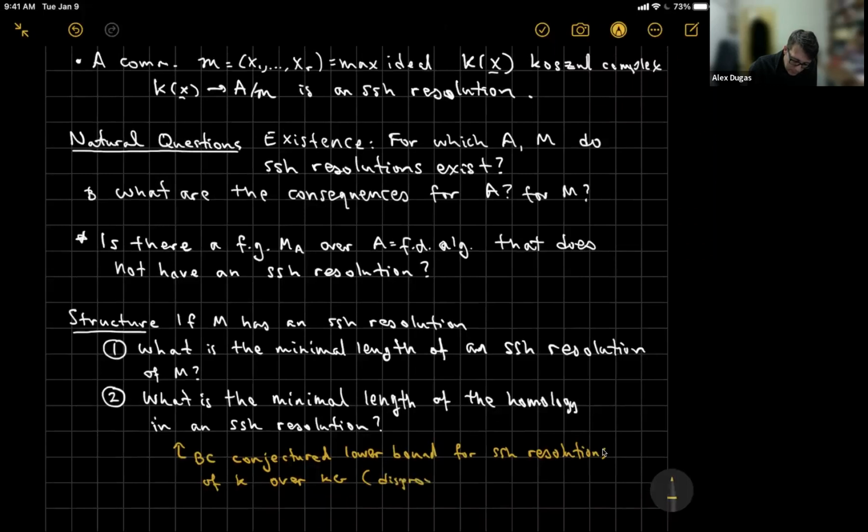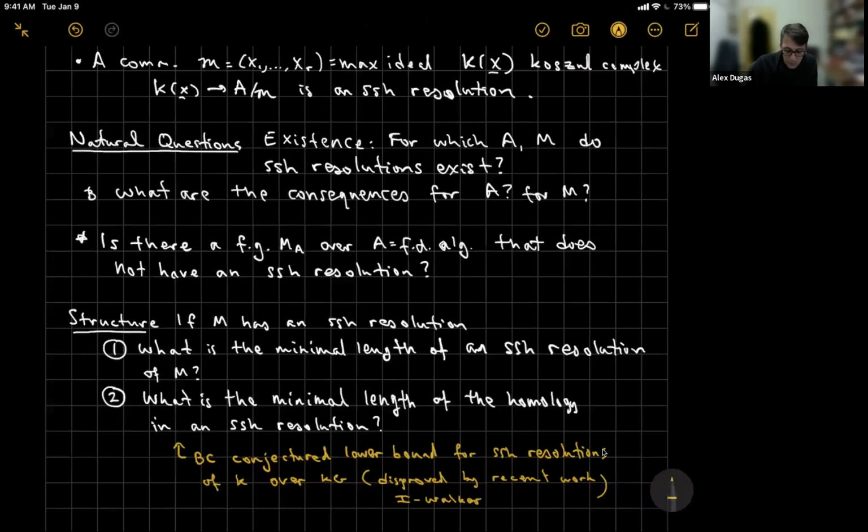This was disproved by recent work of Iyengar and Mark Walker. They give examples of finite complexes of projectives where the total length of the homology is relatively small.